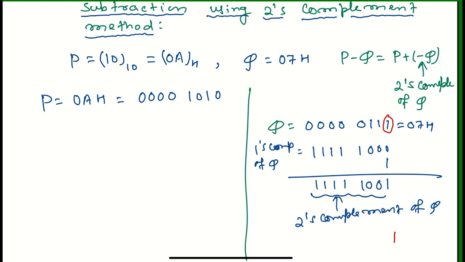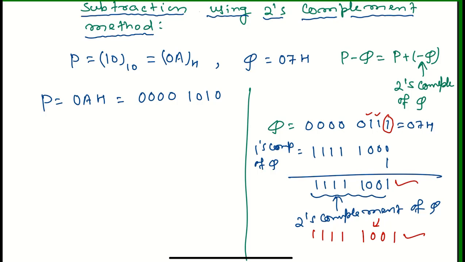Now the rest of the bits are interchanged: 1 to 0 and 0 to 1. So these 1 1 are written as 0 0, then the remaining 0s are written as 1 1 1. Now this is also the 2's complement of Q. So both patterns are the same. Which one is suitable for you?